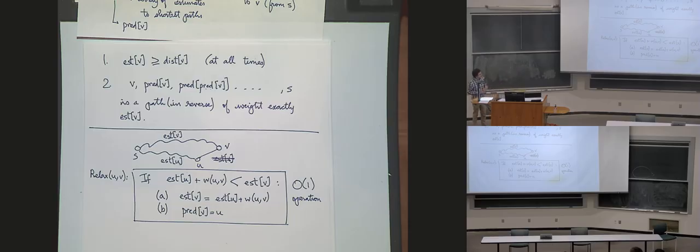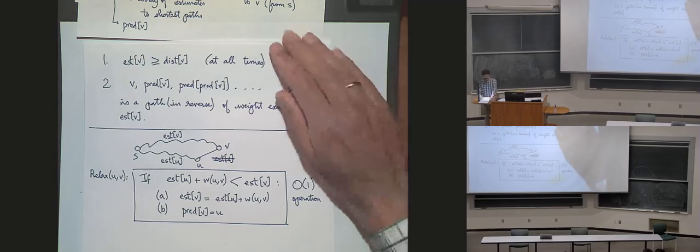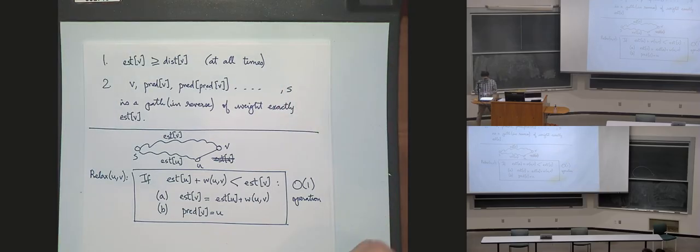Does that make sense? In this lecture and maybe some of the next, I want to view any shortest path algorithm as simply a sequence of relax operations. And the whole game is to find out what is the best sequence to perform this in. All right. Any questions?